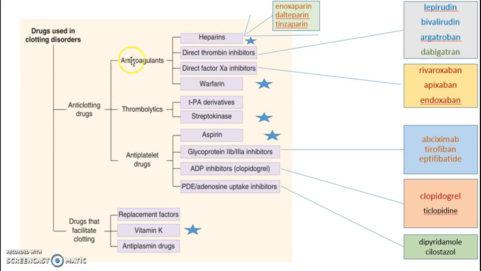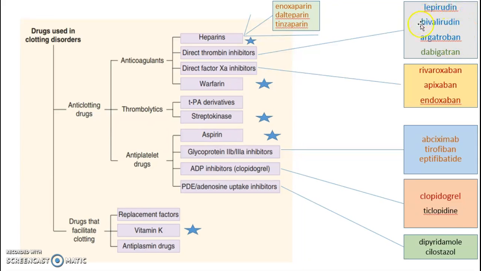So anti-clotting drugs, we have anticoagulants, heparins. In heparins, we have three categories: the high molecular weight heparin, low molecular weight heparin, and fondaparinux. And then we have the direct thrombin inhibitors, such as lepirudin, bivalirudin, and argatroban.